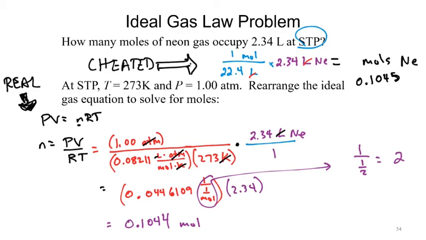No, okay? That thing that you were told to memorize, 1 over 22.4, if you enter that into the calculator, 1 divided by 22.4 gets you exactly that numerical value.